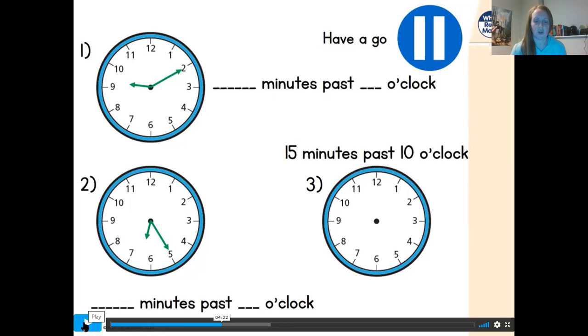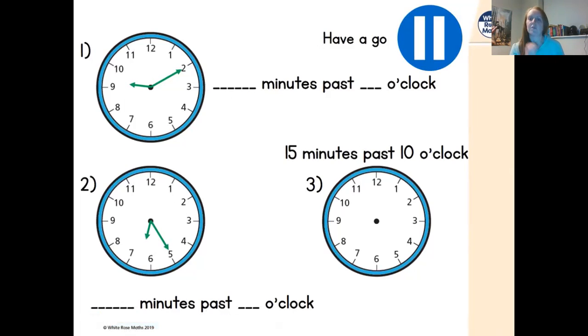The first question showing you here, something minutes past something o'clock. Down here, something minutes past something o'clock. And then lastly, just draw yourself a real quick circle and pop your numbers on.